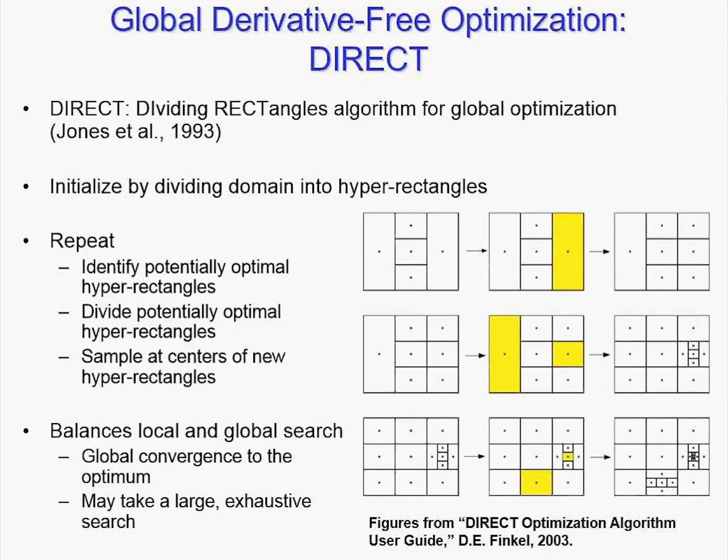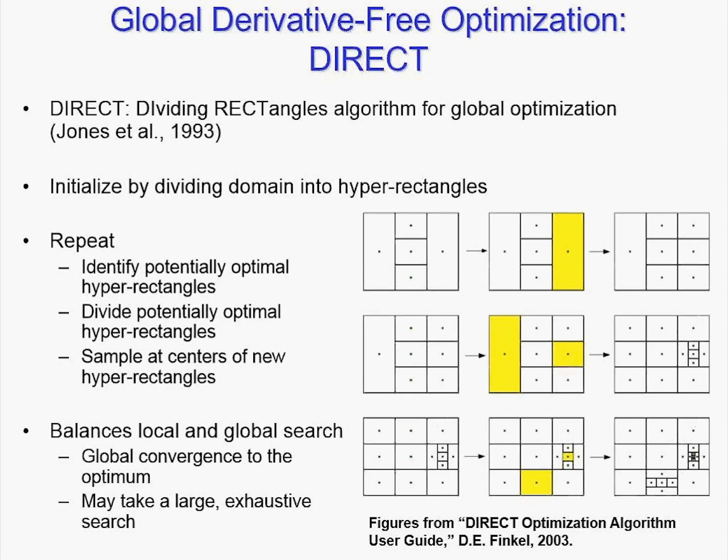This one has sort of the same feeling, but it's a global optimization method. It's called DIRECT, and DIRECT stands for dividing rectangles. Basically what it does is it divides the domain into rectangles in 2D, or hyperrectangles in multiple D, and it figures out where to look. So if this one is interesting, then it would divide that more, and then this guy is interesting, so divide that one more, and keep dividing and dividing.